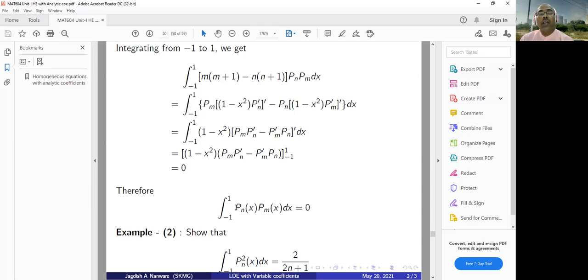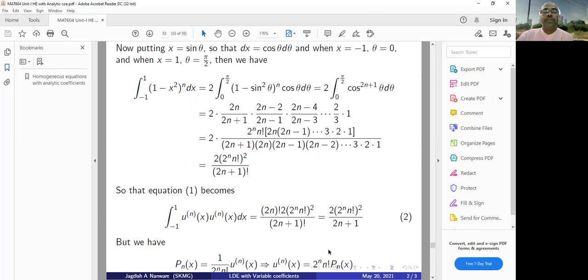Just now we have seen in the previous lecture that the product of two Legendre polynomials of different degree vanishes. So what we see, if we have a product of Legendre polynomials of the same degree, its value does not vanish. It is not equal to 0. It is 2 upon 2n plus 1. So this is about the second example.